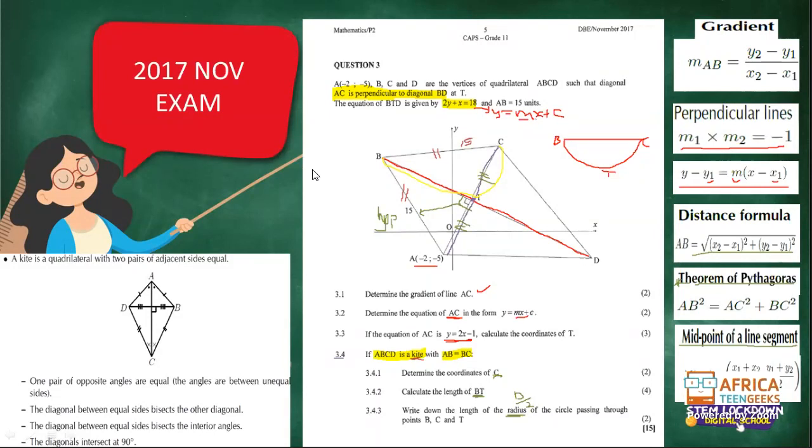Okay. So are you guys fine? Can we move to the next question, or do you need me to explain something? We're using everything that we've learned from previous grades and we're just connecting everything together.